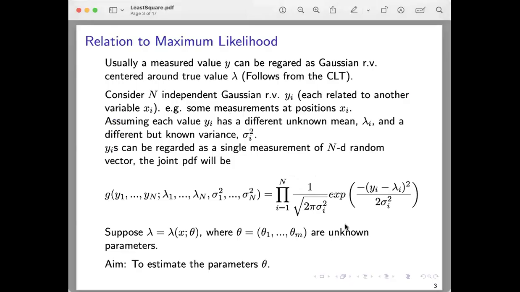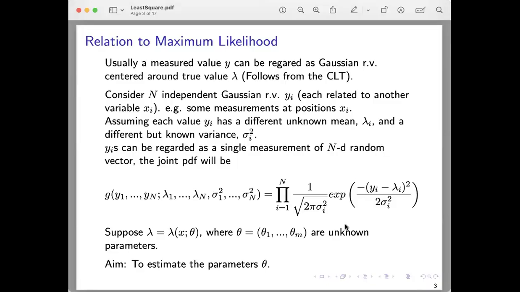Now, assume that you have, say, measured values y, which is a Gaussian random variable centered around some true value lambda i.